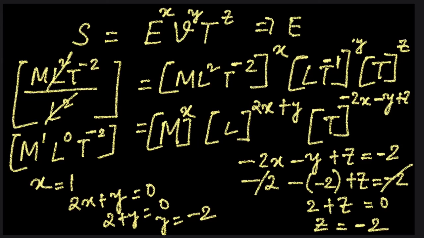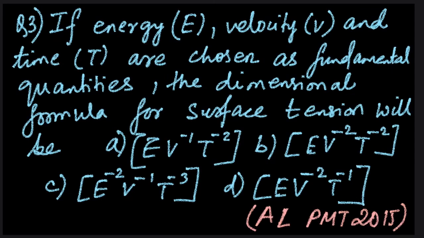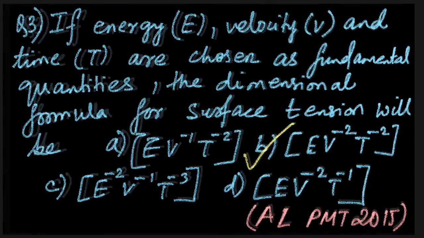E to the power of x means 1, V to the power of y means minus 2, and T to the power of z means once again minus 2. So let us find the option. Yes, it is this option, E V to the power of minus 2, T to the power of minus 2.